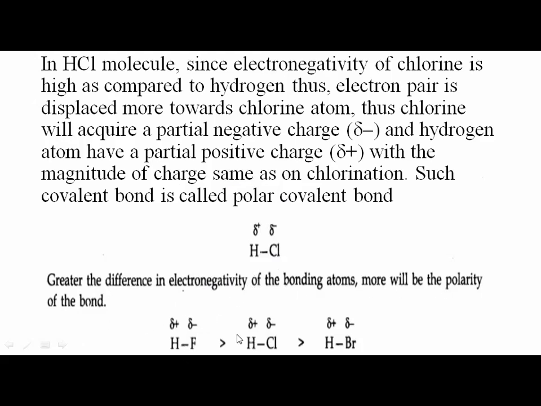So if I compare HF with HCl, fluorine is more electronegative, so that will have more partial negative charge, and this will have less. Compare HCl and HBr, chlorine is more electronegative, so that will have more partial negative charge. Getting my point? So the bond or molecular polarity depends on what?